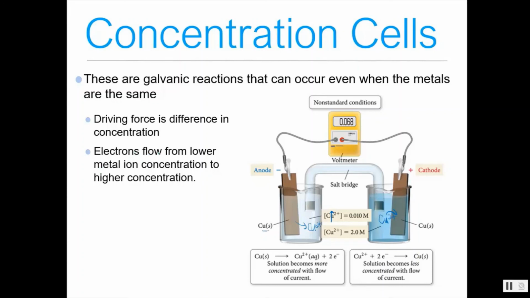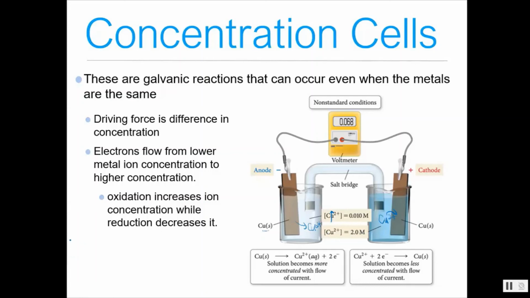So we're going to see that electrons are going to flow from the cell that contains the lower metal ion concentration to the cell that contains the higher metal ion concentration. And this is again because the oxidation reaction is going to increase the ion concentration, while the reduction reaction is going to reduce the concentration of that ion.